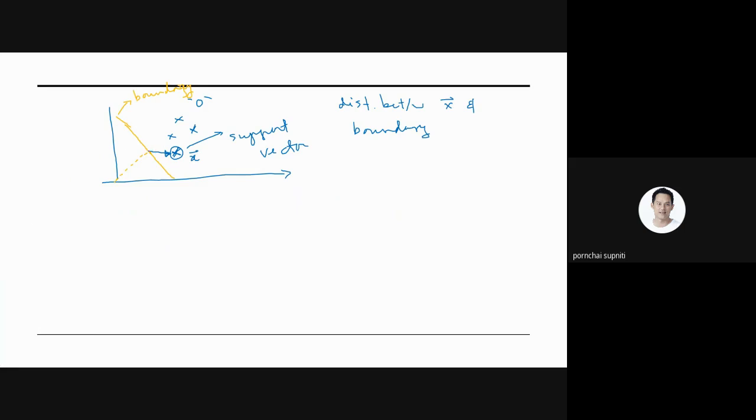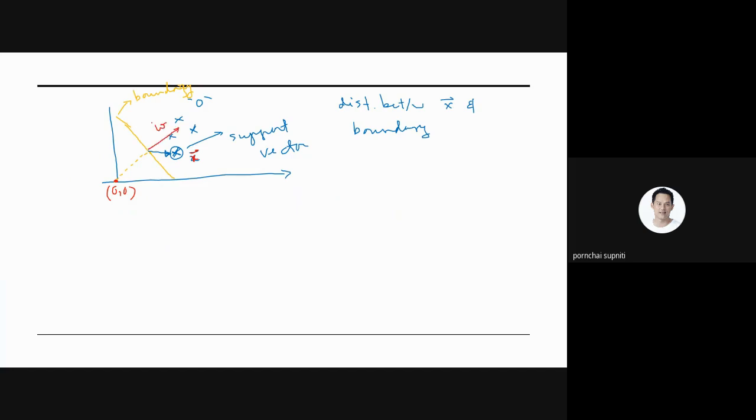If we want to find the distance between this x and the boundaries with respect to the origin, let's say this is 0, 0, we can draw this vector.